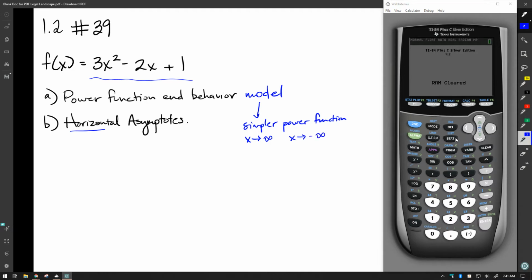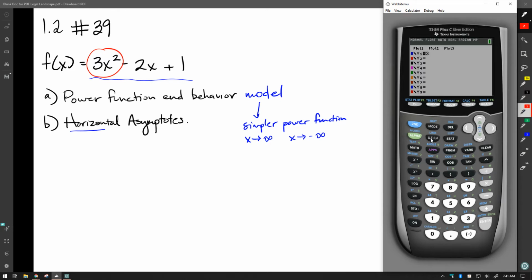And as it turns out, for polynomial functions, that simpler power function end behavior model is simply the term with the highest degree. And let's take a look at this on a graphing calculator so that we can prove that idea, or at least see it in action.